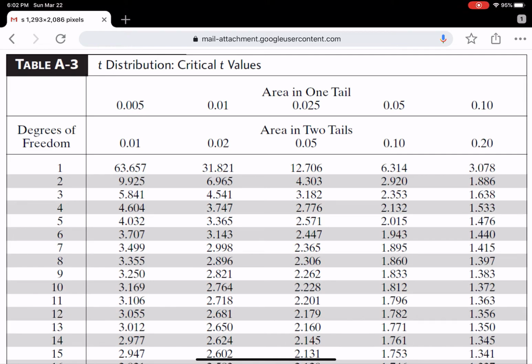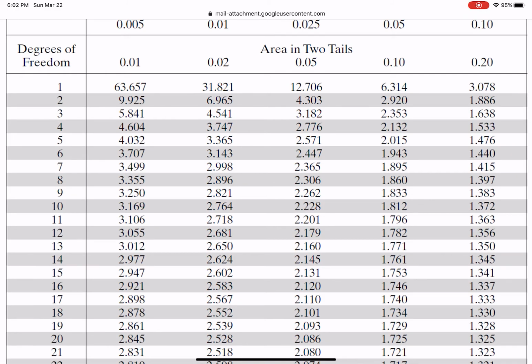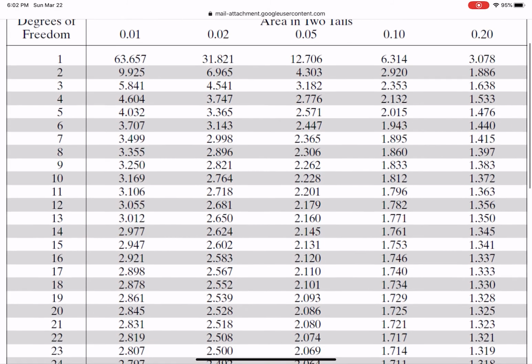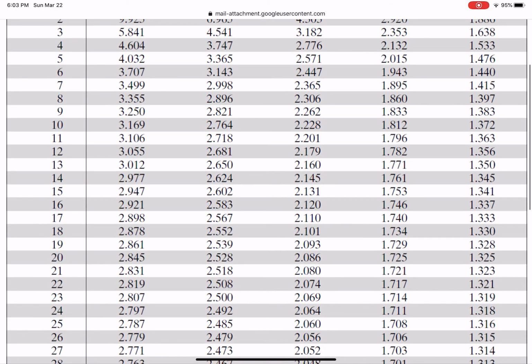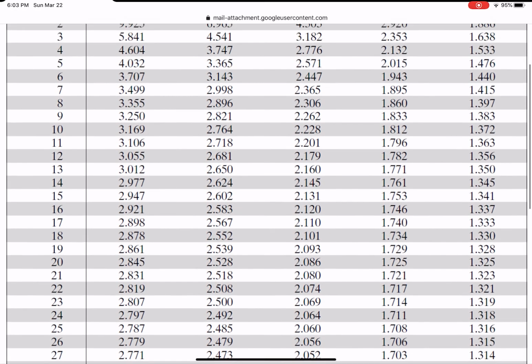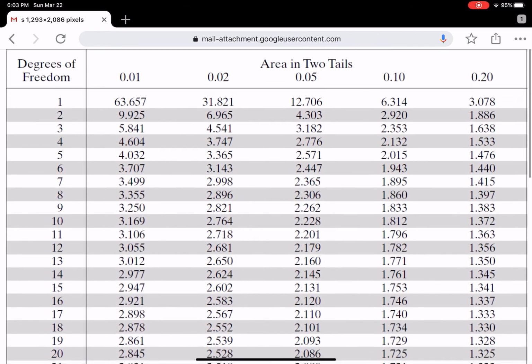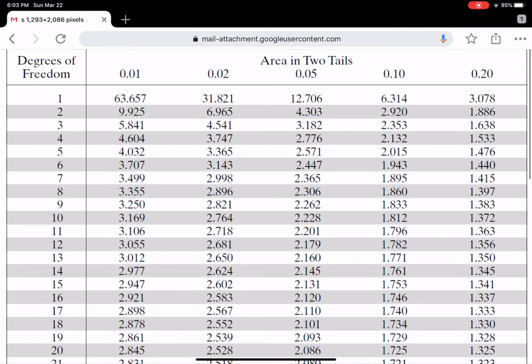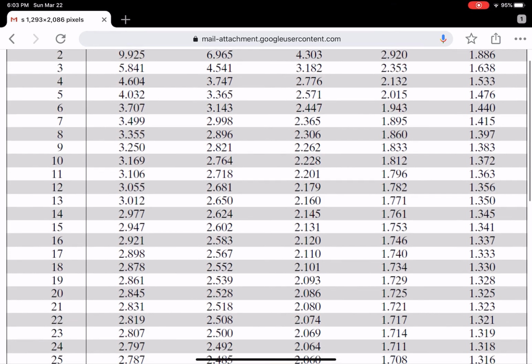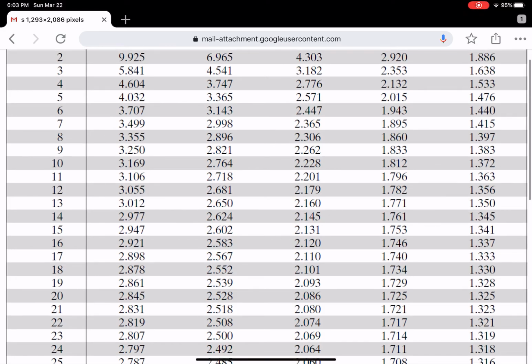We scroll down to degrees of freedom being 24. And I find the number 2.064, right? So area in 2 tails, 0.05 is the column, 24 is degrees of freedom on the left, and you find the critical number of 2.064 there in the middle.